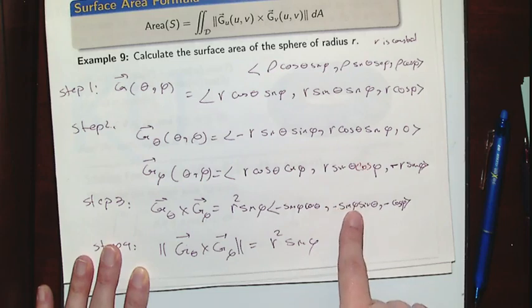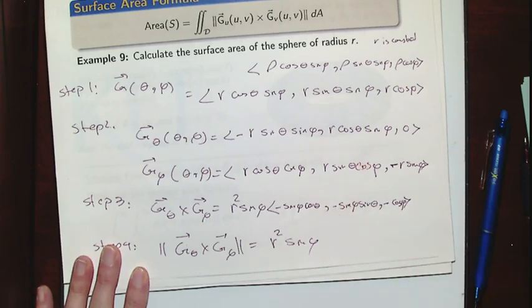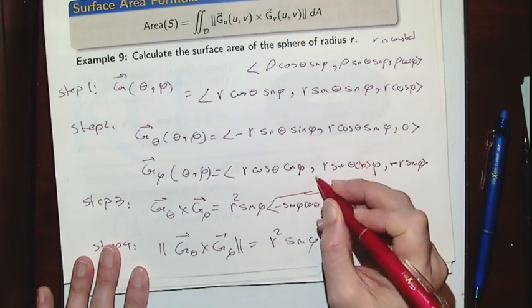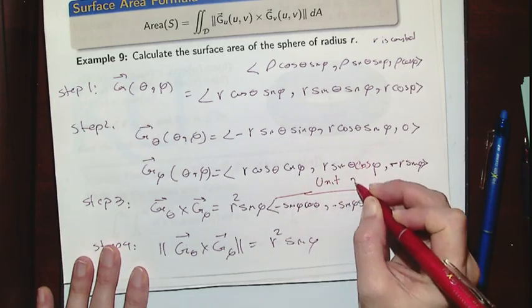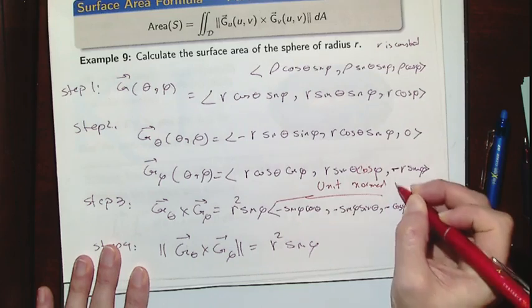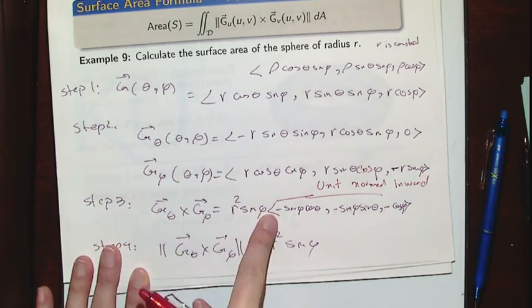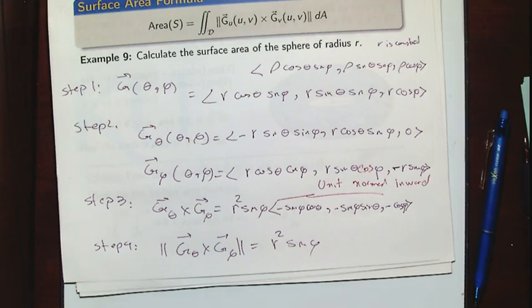What does this look like? This is the unit normal inward. You computed this multiple times for midterm 1. I looked at that and I saw there's a negative sign. I figured out it has to be the unit normal, but is it outward or inward? It's inward. That's all I did.